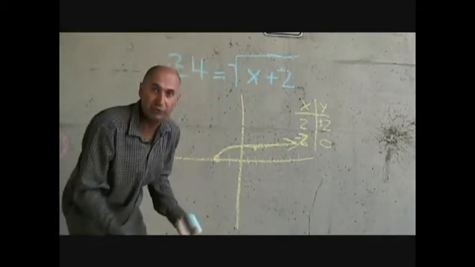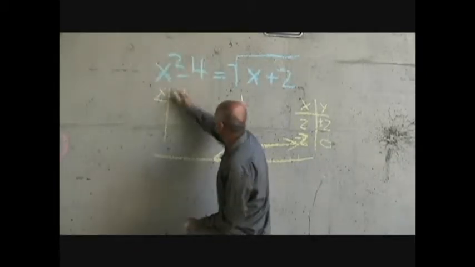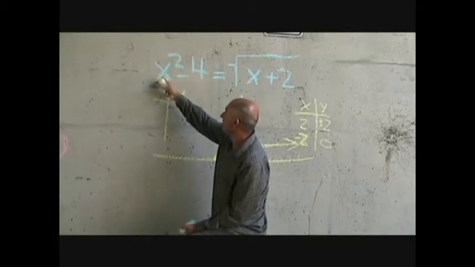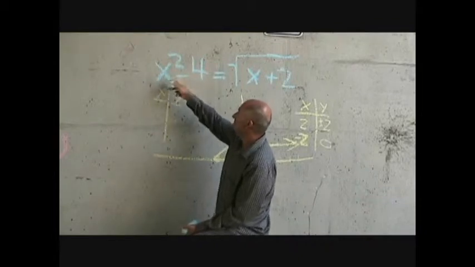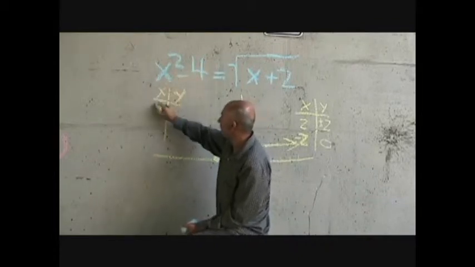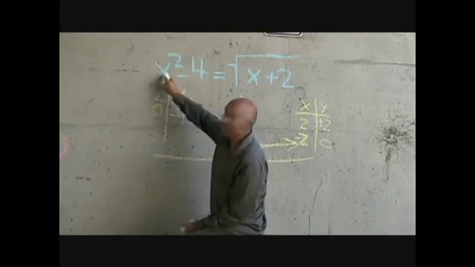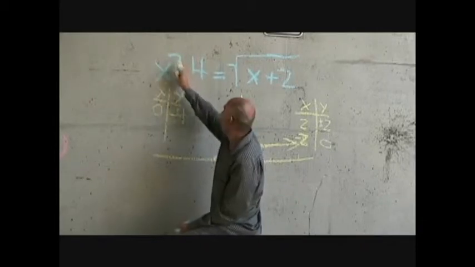This function, if we do a table of values for this guy, if you put x equal to 0, 0 squared is 0, 0 minus 4 is just going to be negative 4. So when x is 0, y is negative 4. When x is 2, 2 squared is 4, 4 minus 4 is 0.